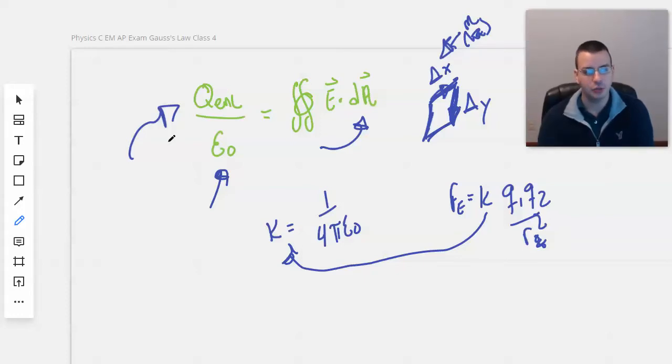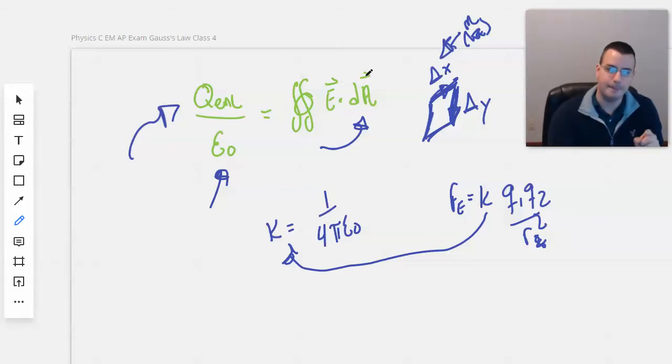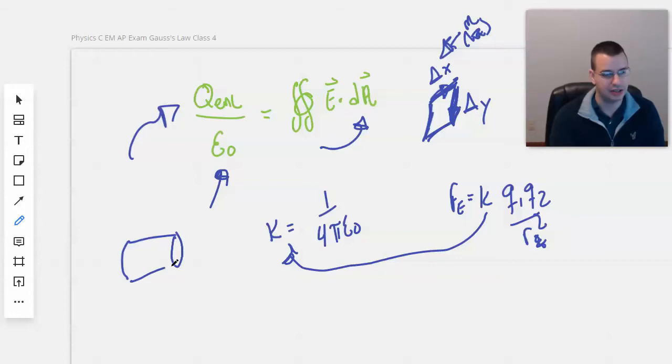And when I was talking about the shape earlier, the vast majority of our goal for choosing our shape will be so that the shape, I'm going to make it a cylinder. Yes, a cylinder like this.